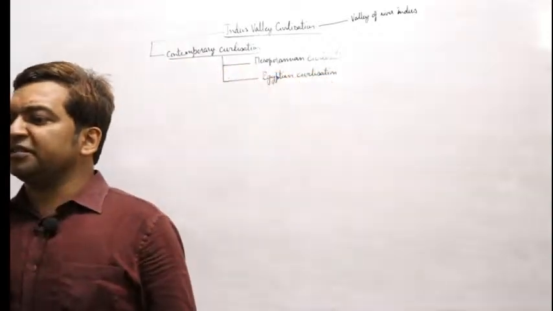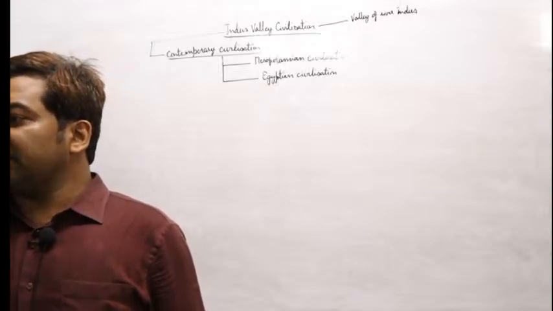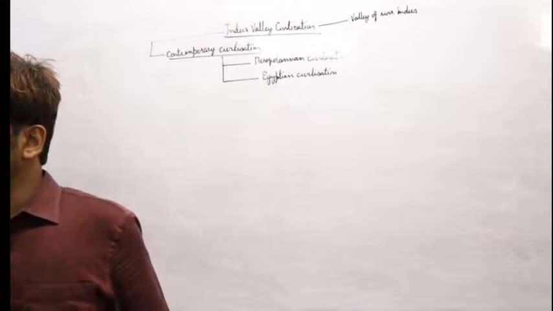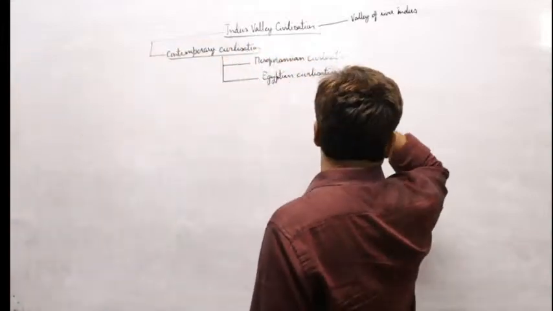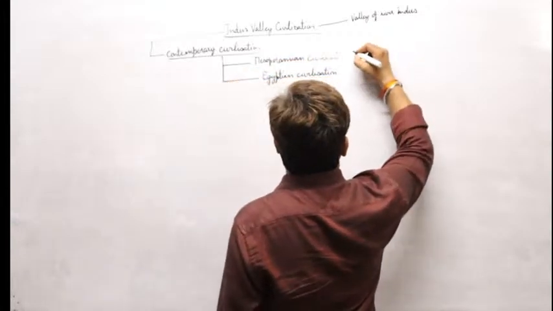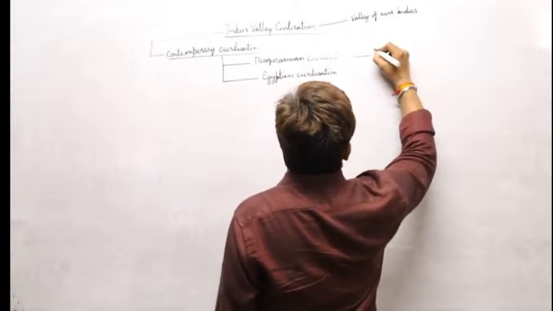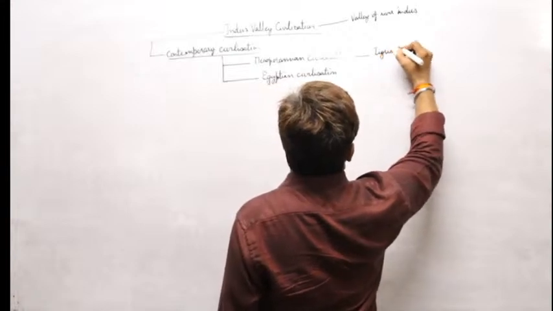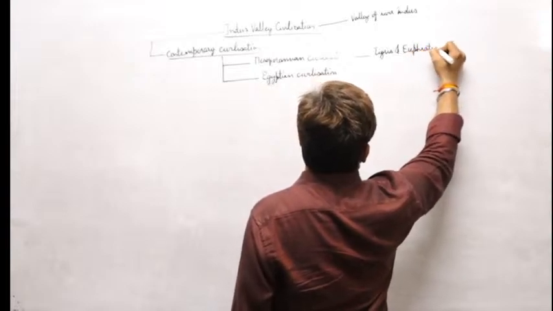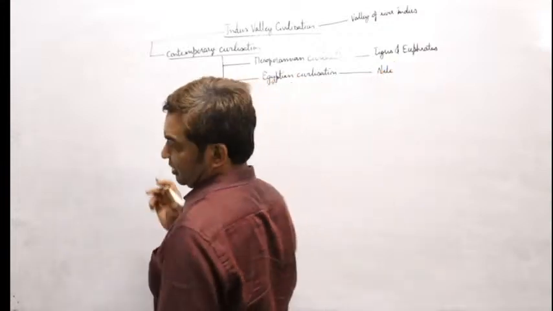Was it only river Indus which was the backbone of this civilization, or some of the sites have been found beyond river Indus? Mesopotamian civilization, rivers Tigris and Euphrates in Iraq. Egyptian civilization, river Nile.